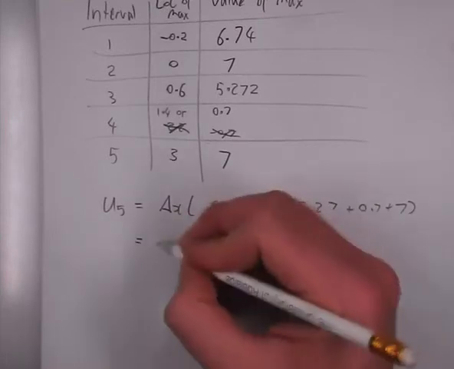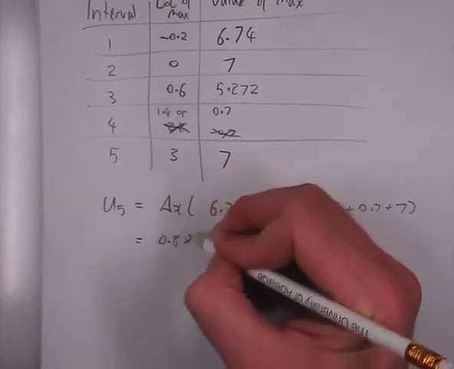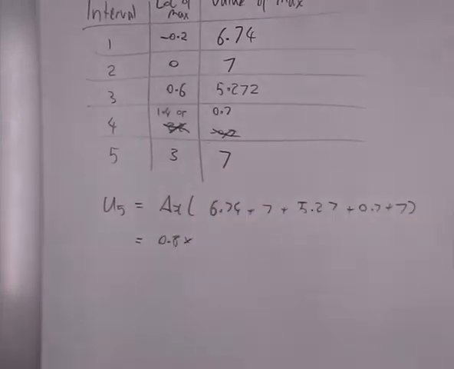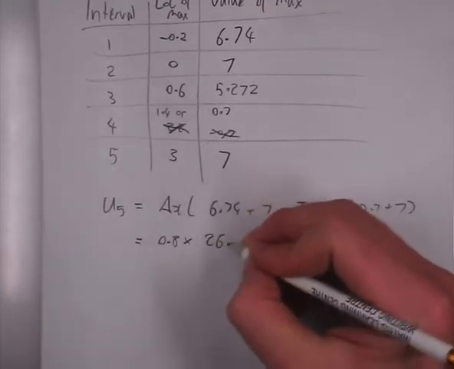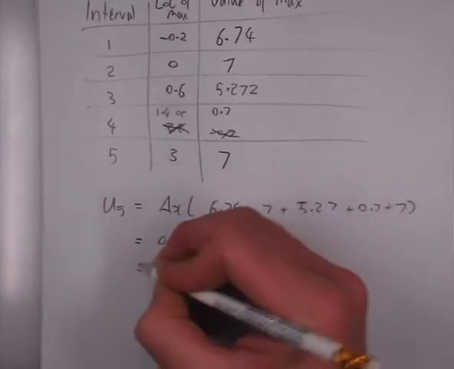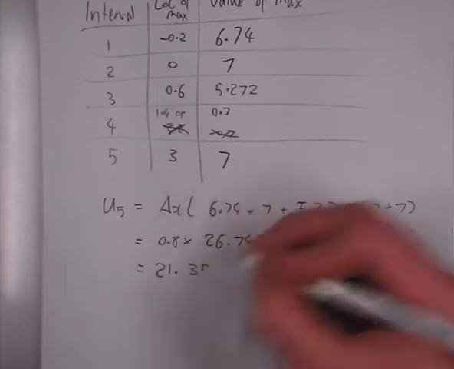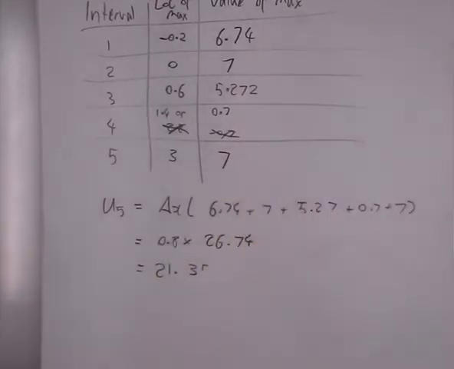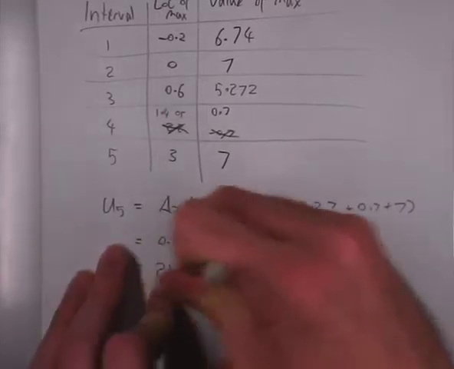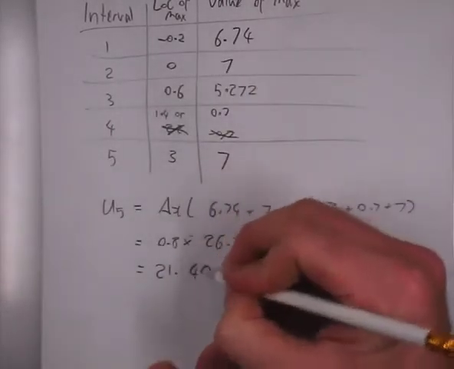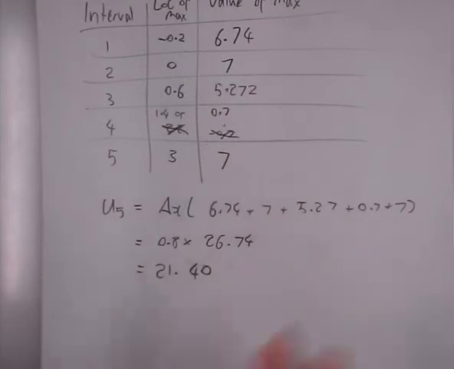And the delta x was 0.8. So that's all been rounded off. If I was using a calculator, I would of course keep all the accuracy inside my calculator. But that's my upper sum.